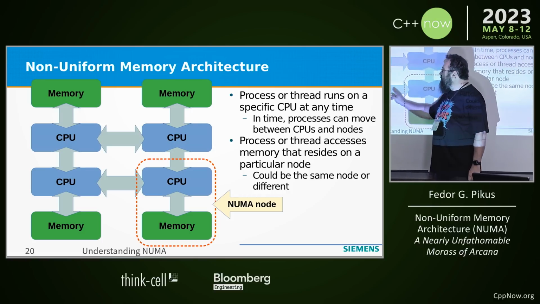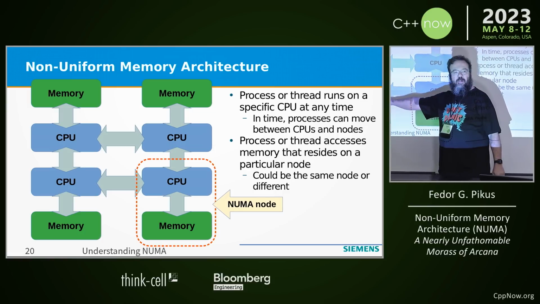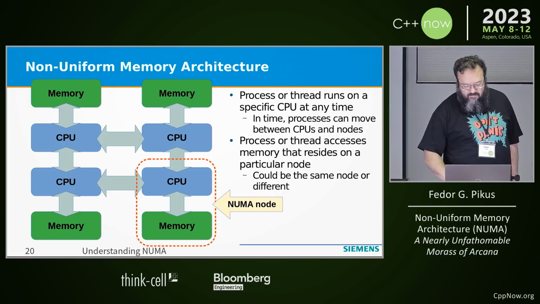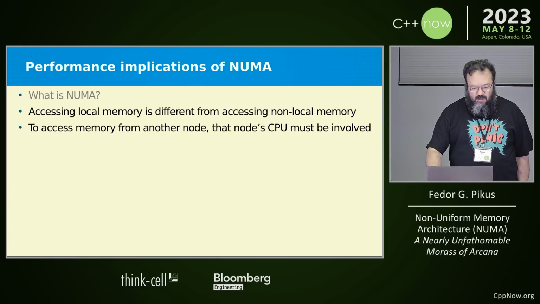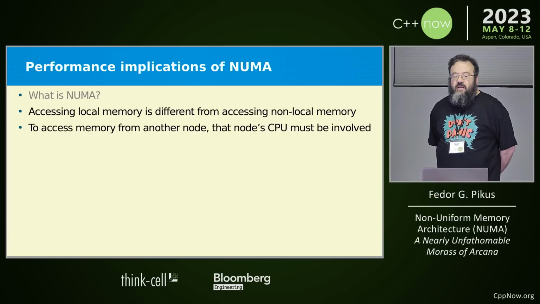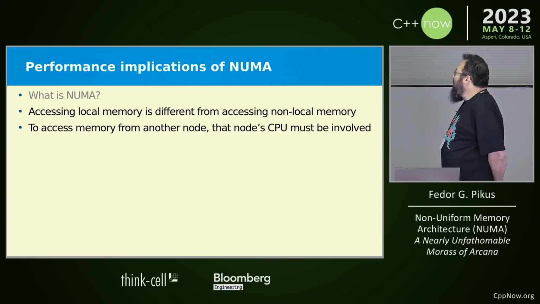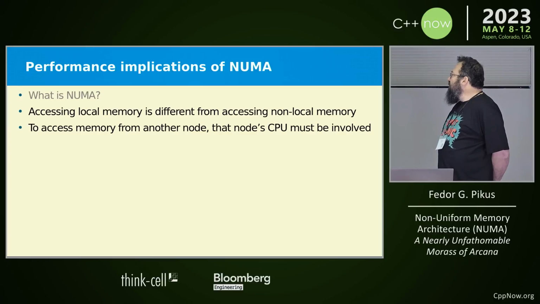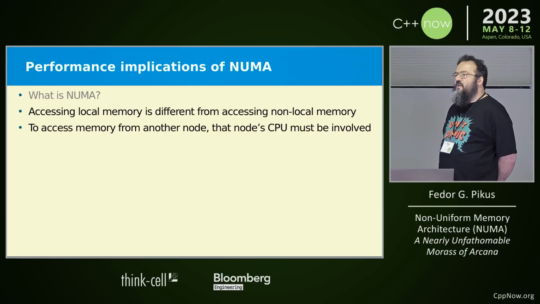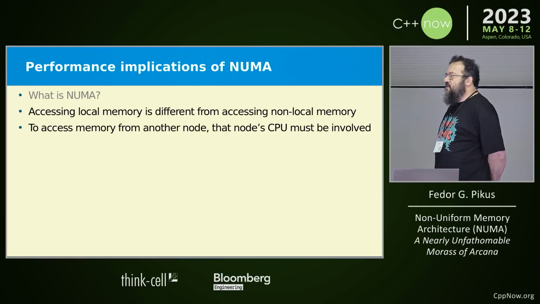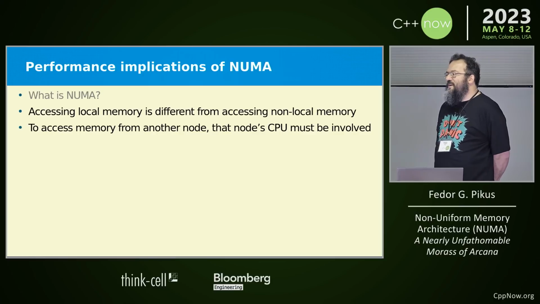And to get there, it has to cross the interconnect. So there is at least a possibility for asymmetry. If you look at the silicon itself, accessing local memory is different from accessing non-local or remote memory. And if you want to access memory from another NUMA node, you have to have some involvement of that node's CPU, even though your thread is not running on it.